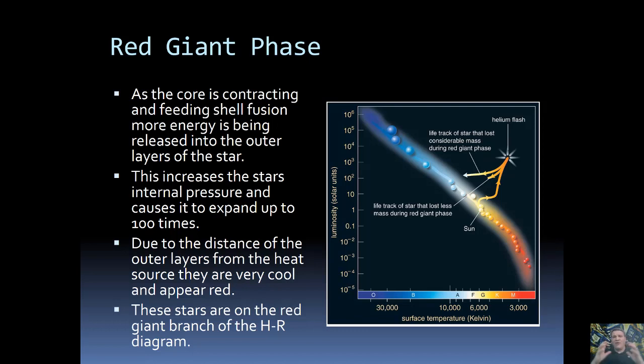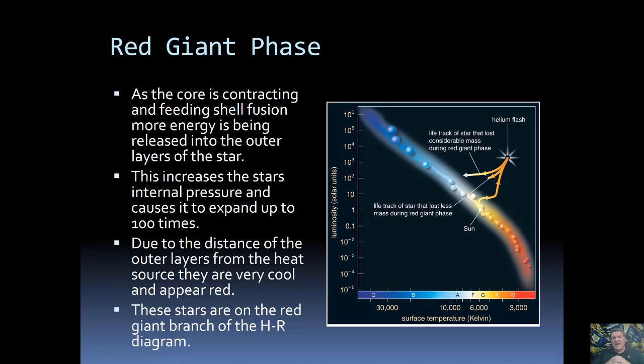Now, because of how far away the surface is from the fusion core, the surface cools off, so it becomes reddish in color. So we refer to these as red giants. Red because it's red in color, and giant because it's really, really big.